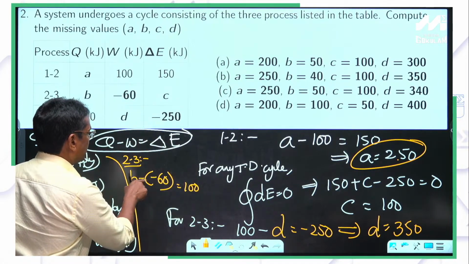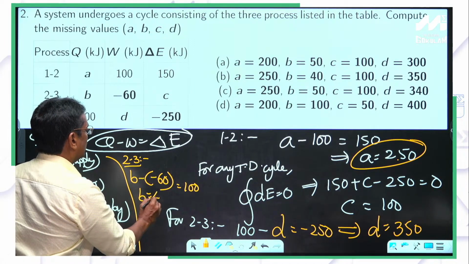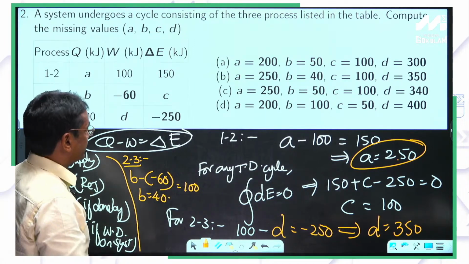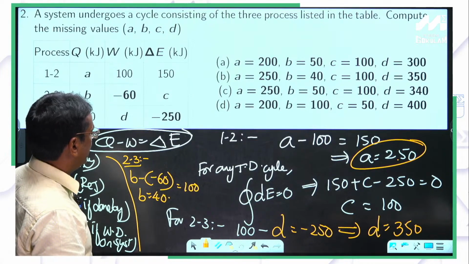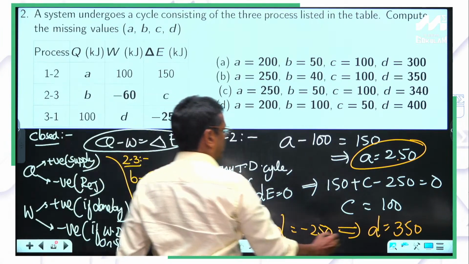That means B plus 60 equals 100, so B will be 100 minus 60, 40. Now you got the answers 250, 40, C is 100, D is, the answer is B. B is the answer.